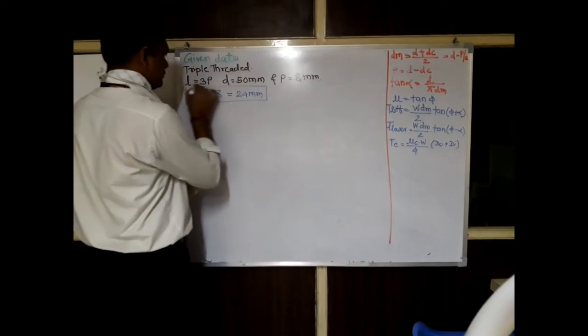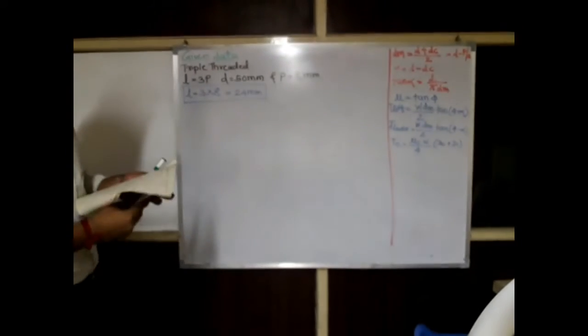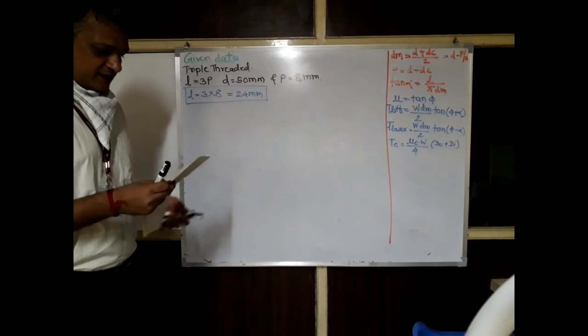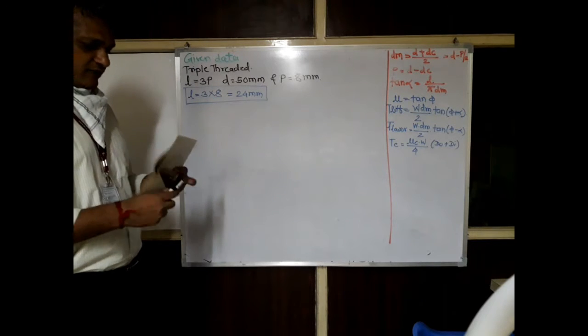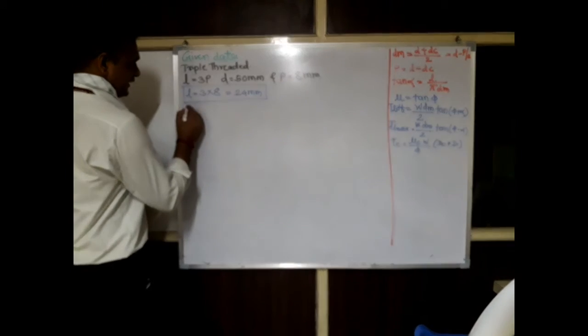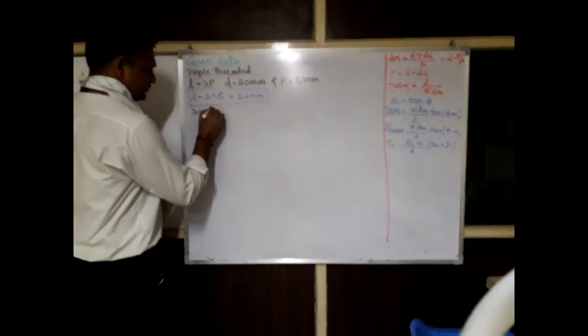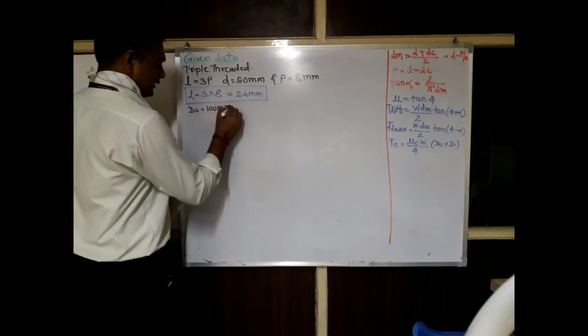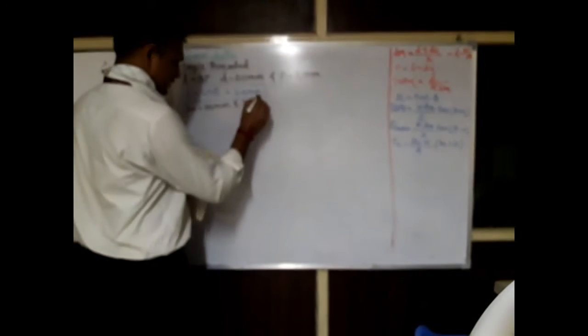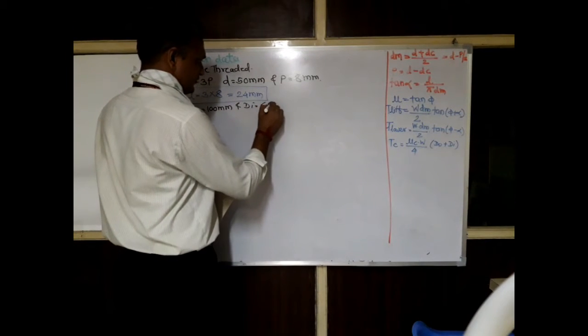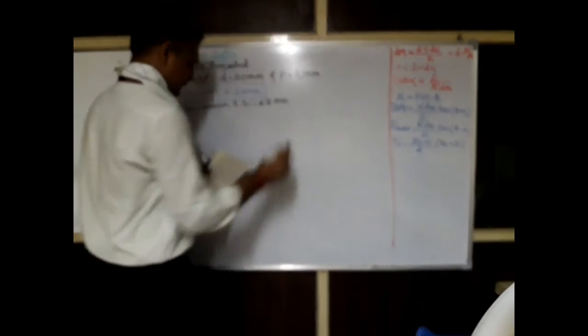Lead is equal to 24. Then the next one: it is used with the collar having outer and inner diameters, that is D naught equal to 100 and Di equal to 65.